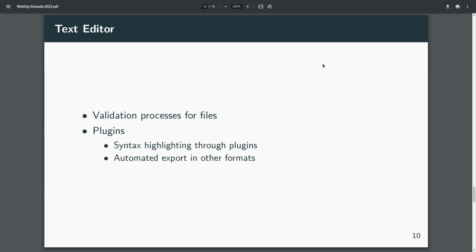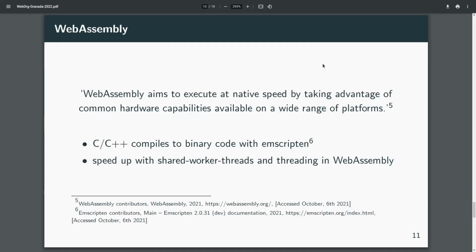Then I want to talk a little bit about WebAssembly. As I mentioned, GLPK is already in WebAssembly. It is very fast. As they state on their own website, WebAssembly aims to execute at native speed by taking advantage of common hardware capabilities available on a wide range of platforms.